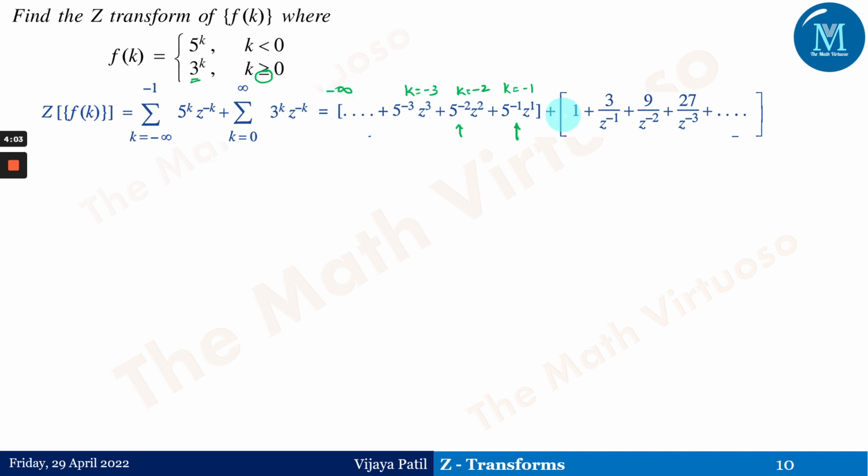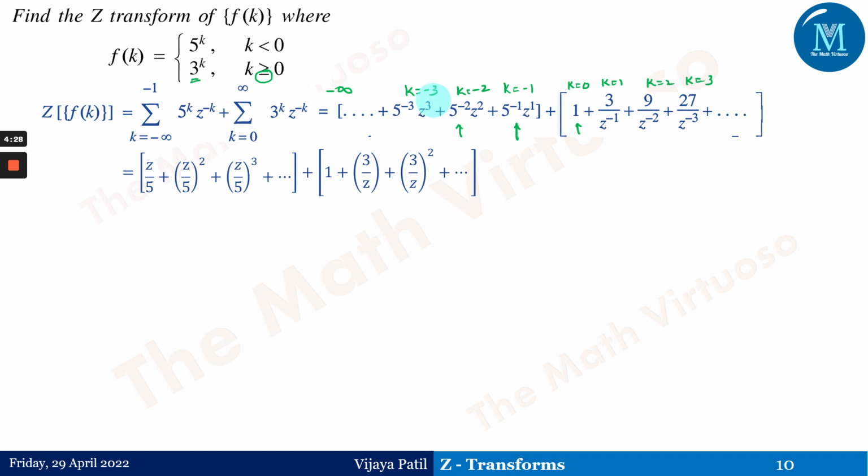Plus, in the second summation, 3 to the power k, z to the power minus k, we start with k equals 0. If we put k equals 0 in both, we get the value 1. Then k equals 1, k equals 2, k equals 3 and so on. This is what we get as the expansions from the summation.